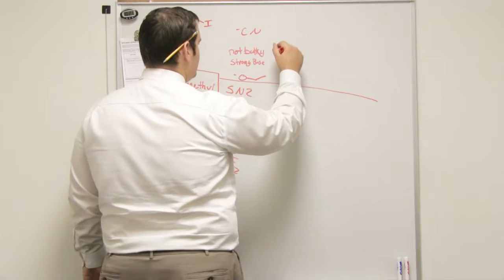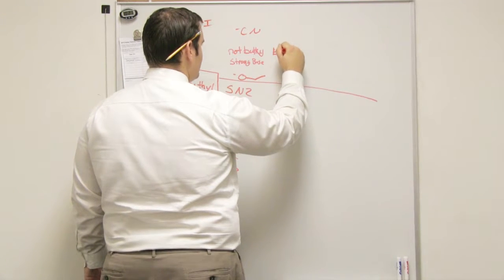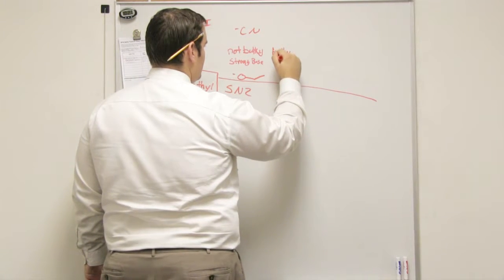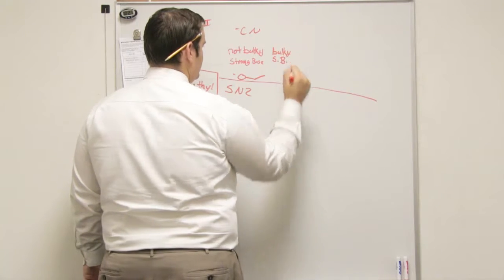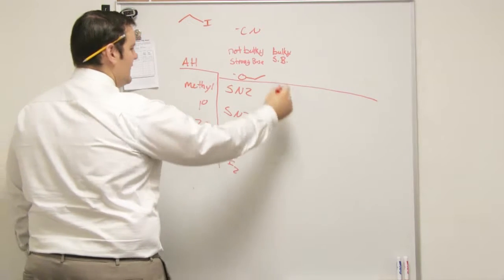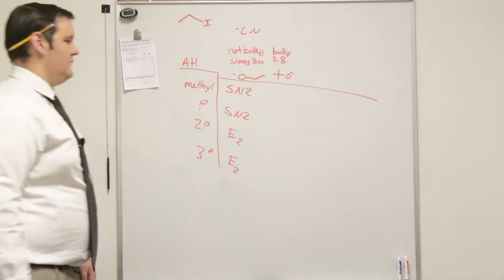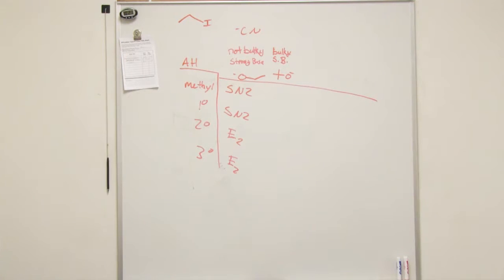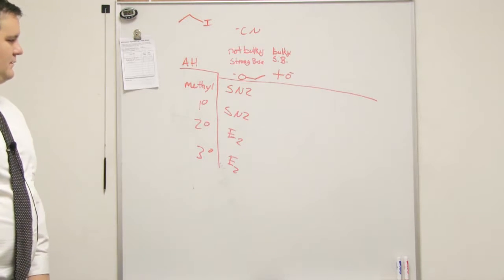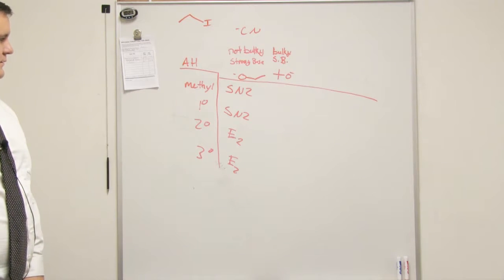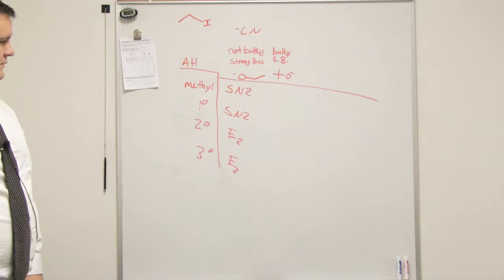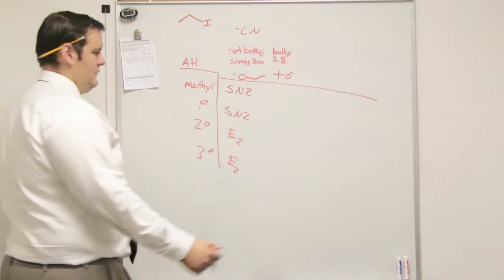Now, what if it's a bulky strong base? I'm going to put SB for strong base, like tert-butoxide.